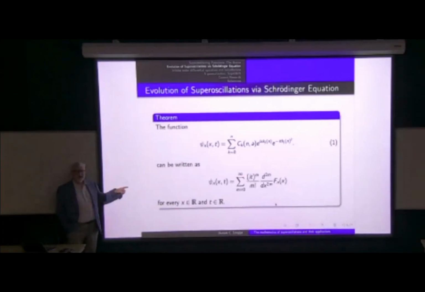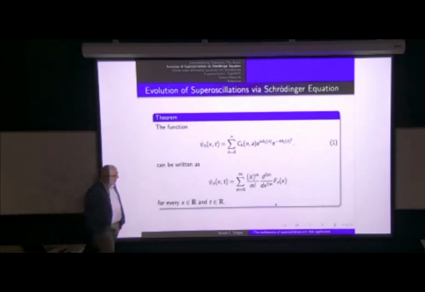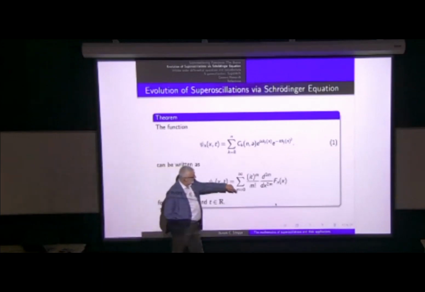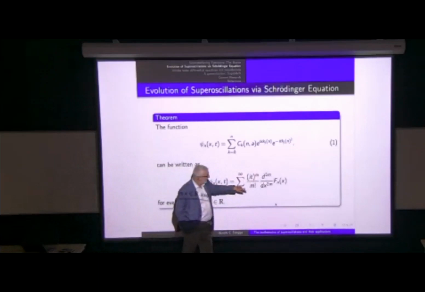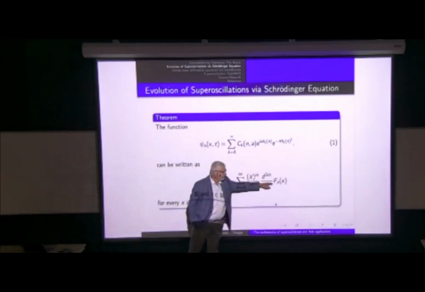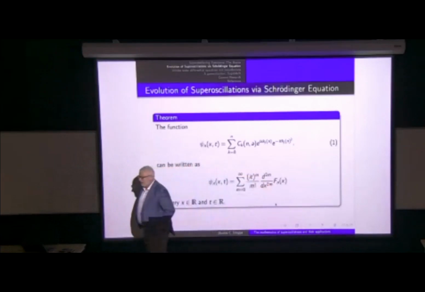This is the general result that we have here for V equals 0, but then we are able to show it in a very large class of examples. So what this is telling us is that the solution of the Cauchy problem for the Schrodinger equation can be written as some infinite series, not always the same obviously, of derivatives of the function Fn.